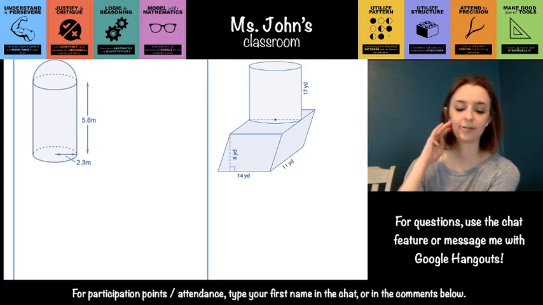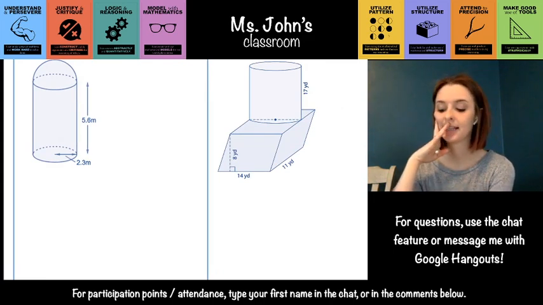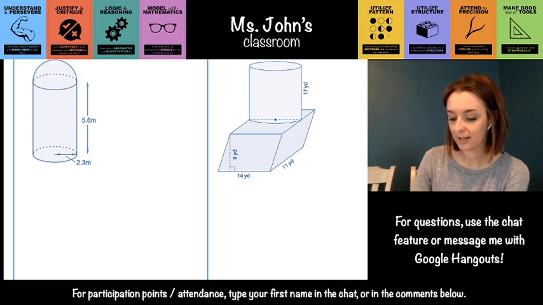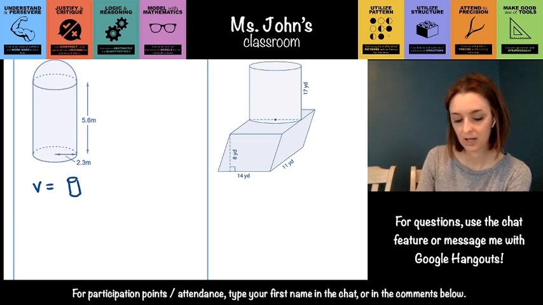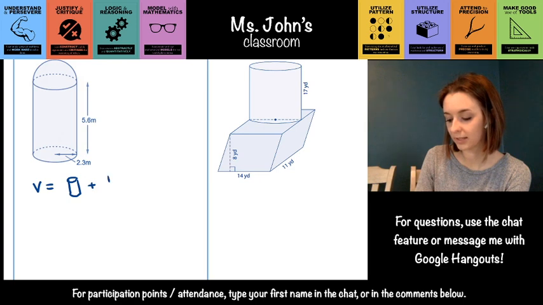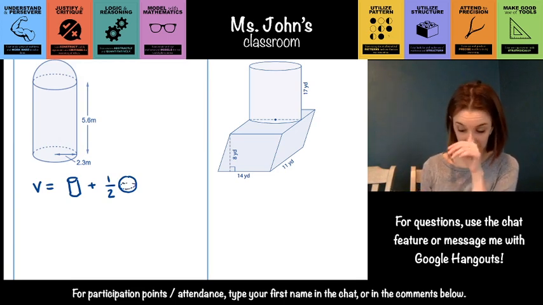Alrighty. For this shape, it is a cylinder, and the top part is half of a sphere. So the way that we're going to find this volume is a cylinder plus 1/2 of a sphere. There you go.